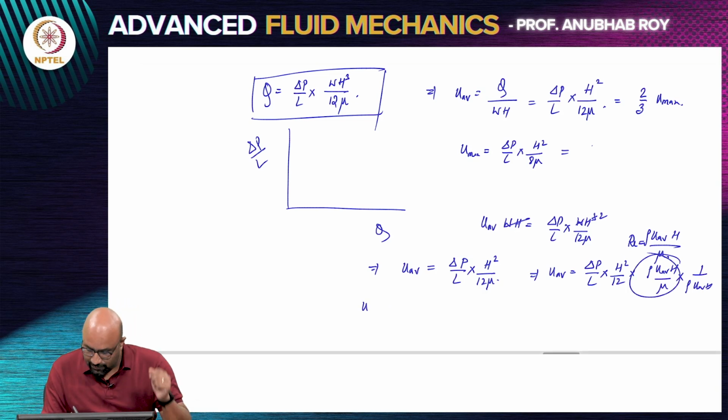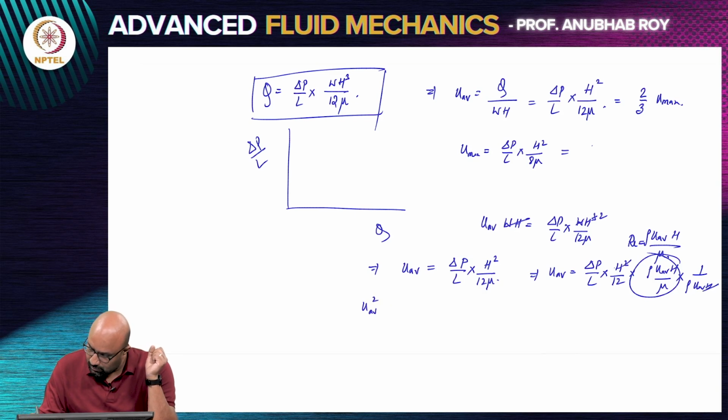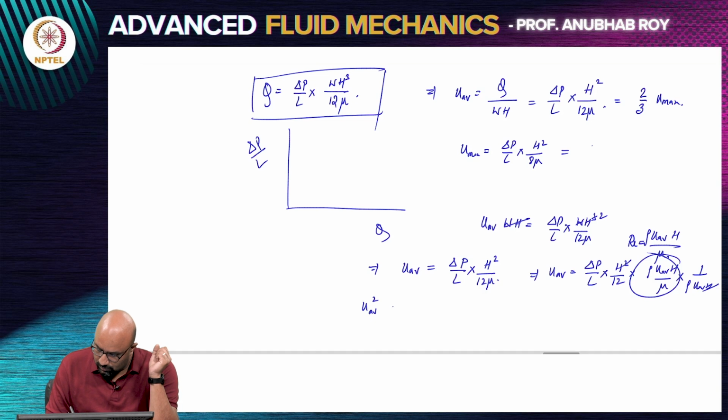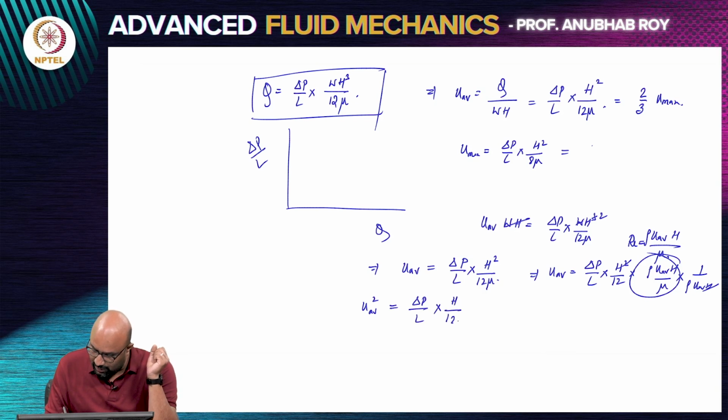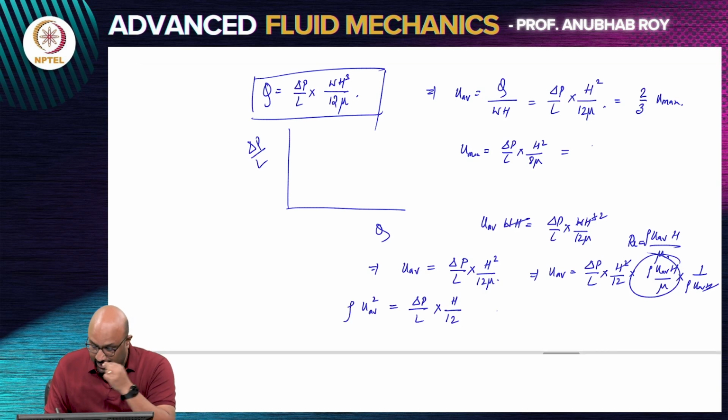So I have U average square, del p by L into h by 12. I'll take the rho to the other side, and this quantity is Reynolds number.